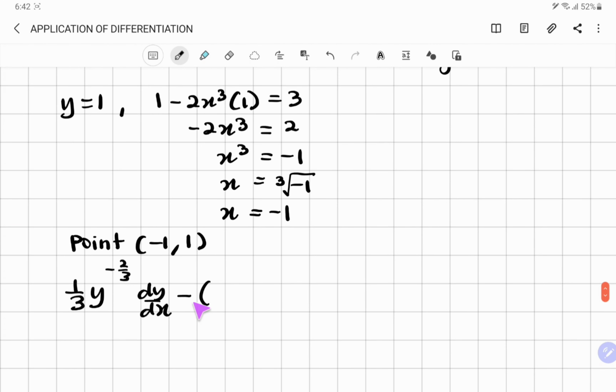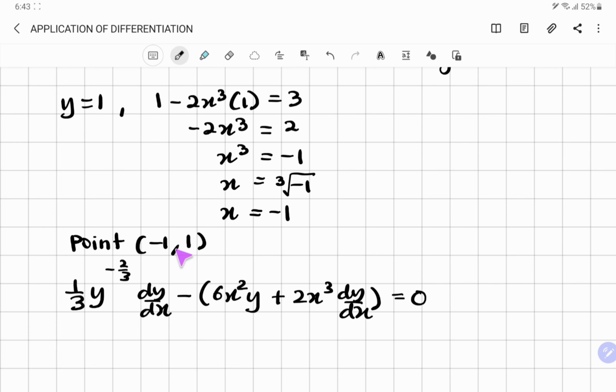Put a bracket because there is a minus here. Write down the y, differentiate 2x cubed, we're going to get 6x squared, plus, write down 2x cubed, differentiate y with respect to x is dy/dx. And differentiate 3 is 0.